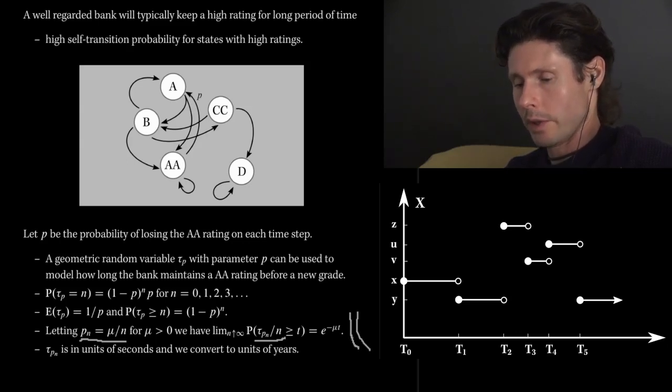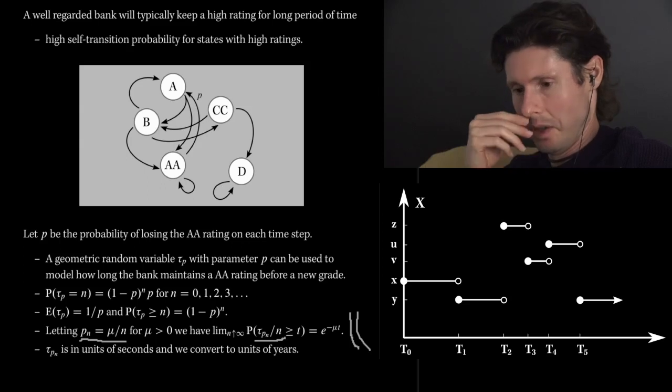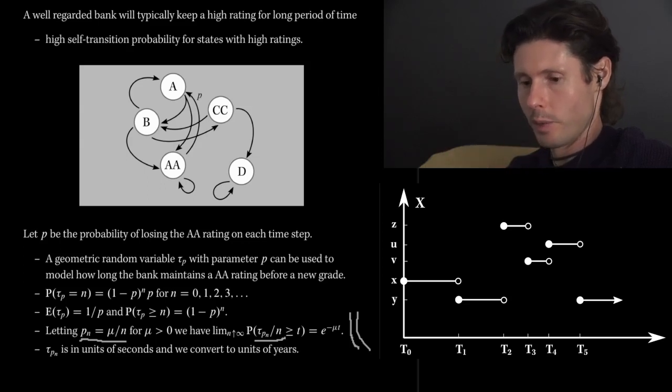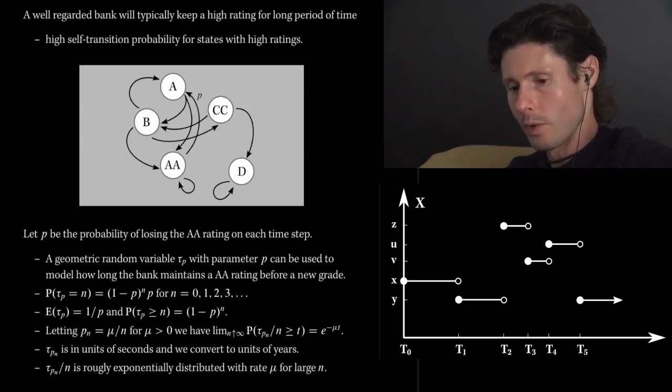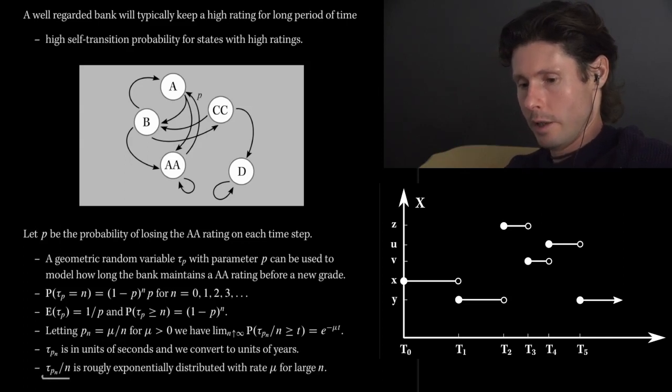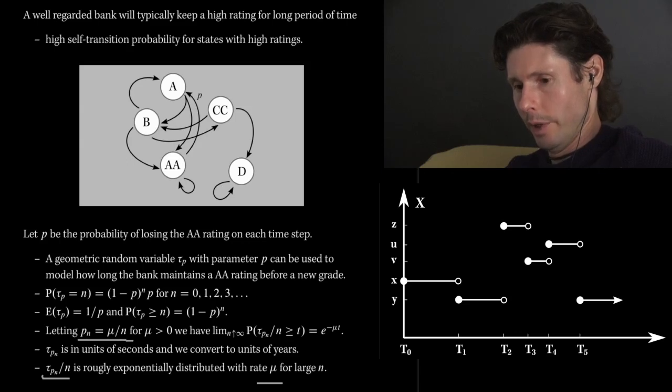We've done this calculation before. It turns out that this waiting time, this geometric random variable tau, turns into an exponential one once you convert your units from a high enough frequency. So tau p over n is roughly exponential with the rate mu. This mu comes from the definition of the probability of losing the rating.